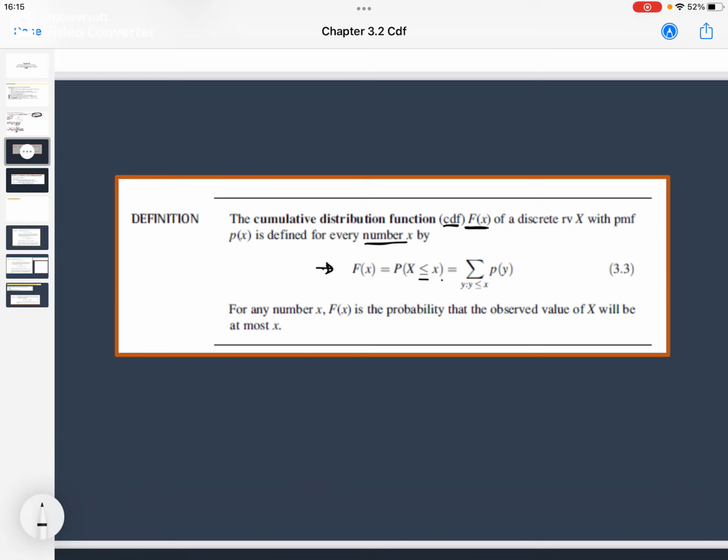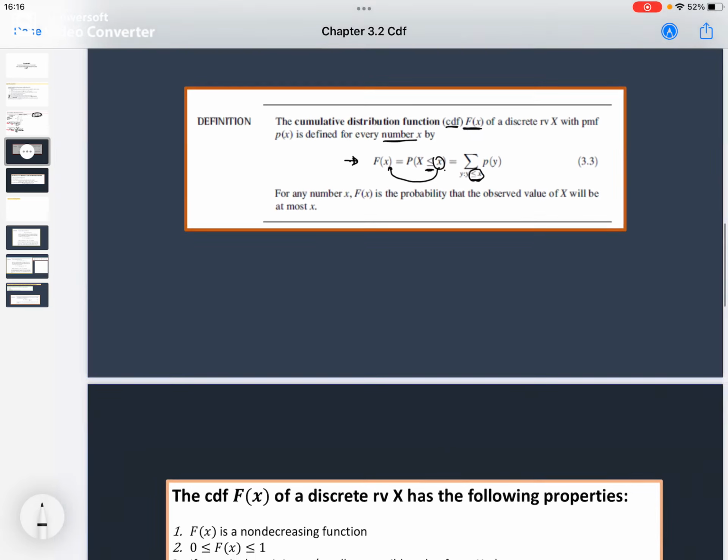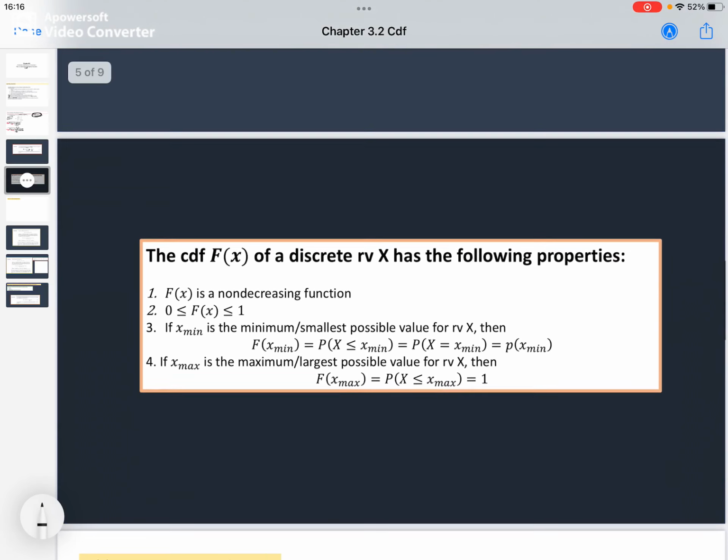F(x) is equal to the probability that X is at most this particular value x, and that is equal to the sum of the probabilities up until that specific x value. So for any number x, F(x) is the probability that the observed value of X will be at most x. All right? Makes sense?